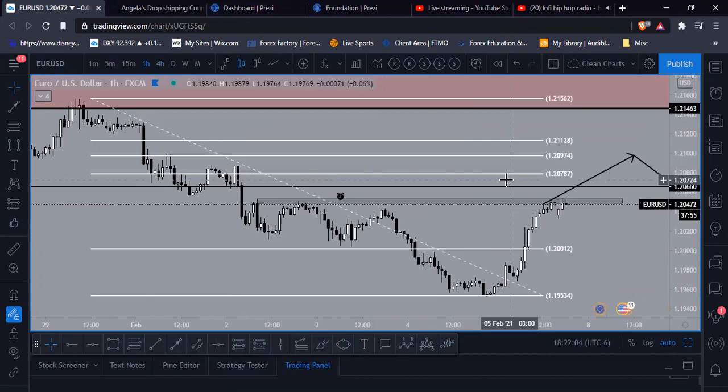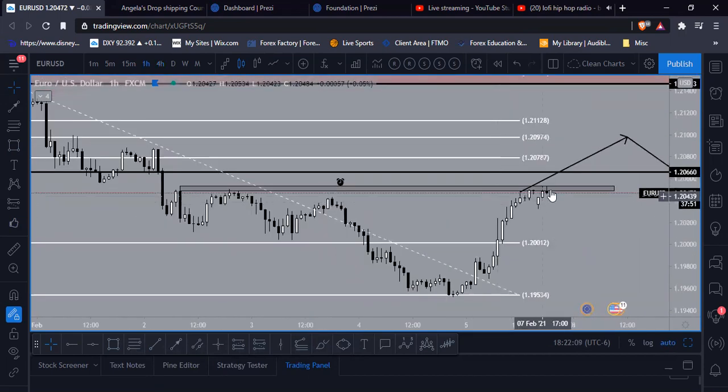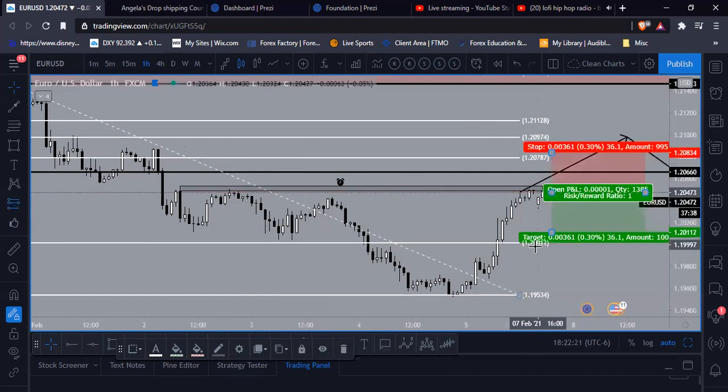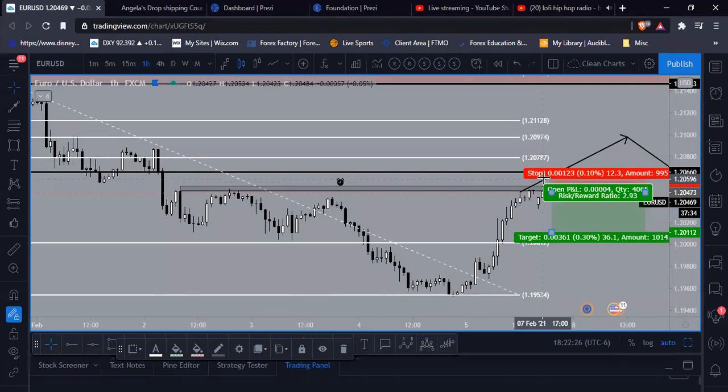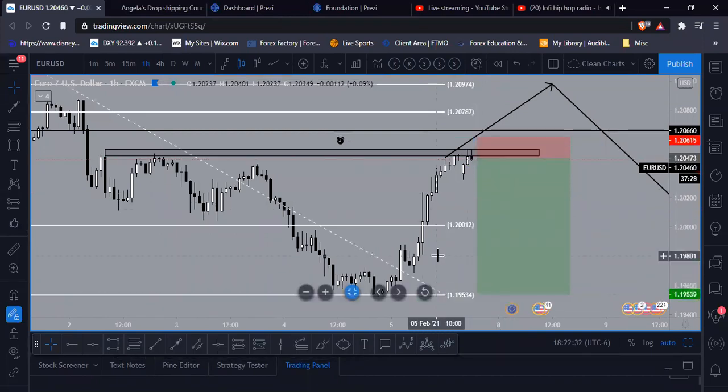You could literally sell price right here. It's not necessarily a bad thing. All I see is that there's a whole bunch of liquidity up here that still needs to get grabbed from when price has been dropping, you know? And so if you want to sell this right here, there is nothing stopping you, because you could just do something like this. Move my stop loss right here, risk 15 to 20 pips, and then take it to the downside.